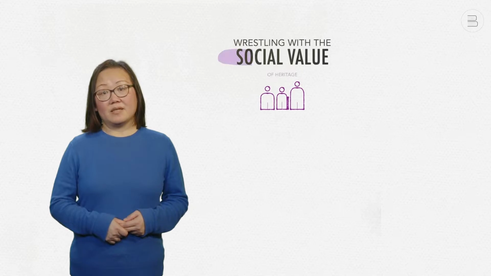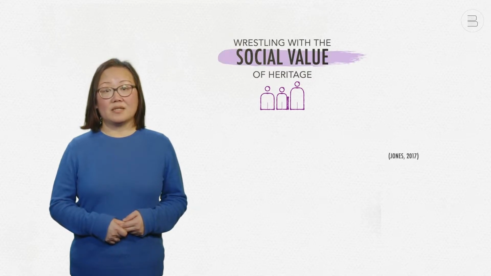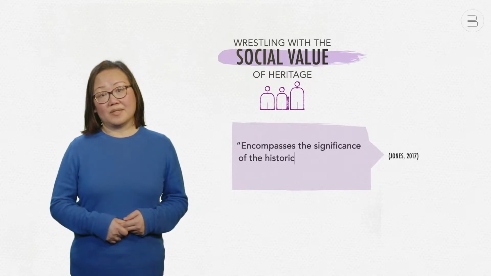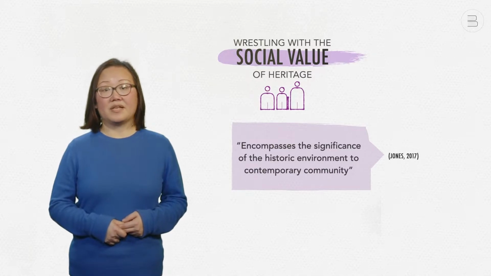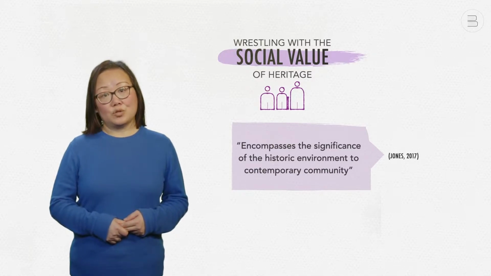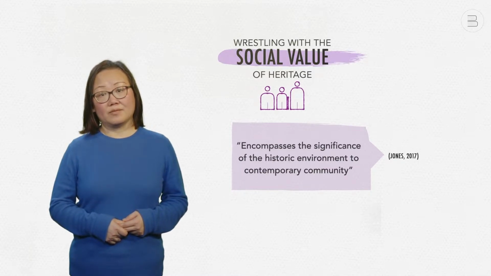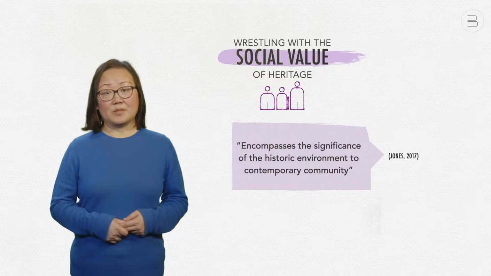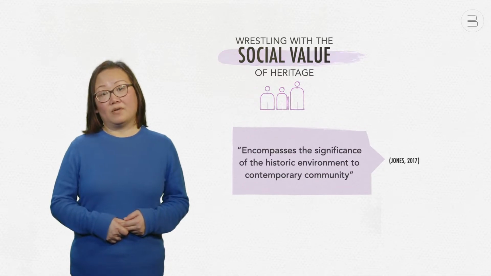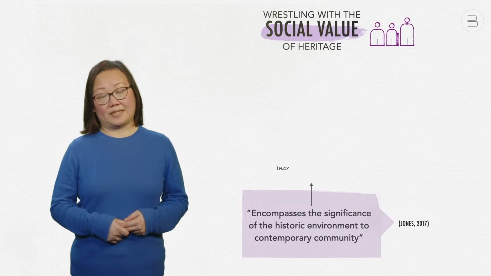In recent years, various studies stress the social values that encompass the significance of the historical environment to contemporary community. It's only in the second half of the 20th century that the social value of heritage became an explicit component of conservation policy and practice.